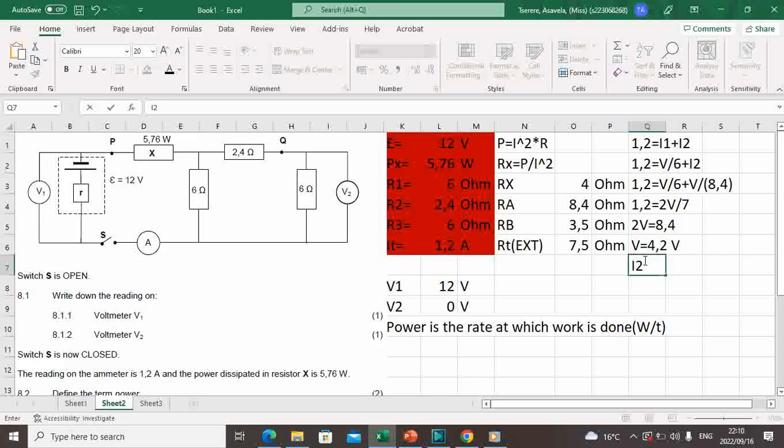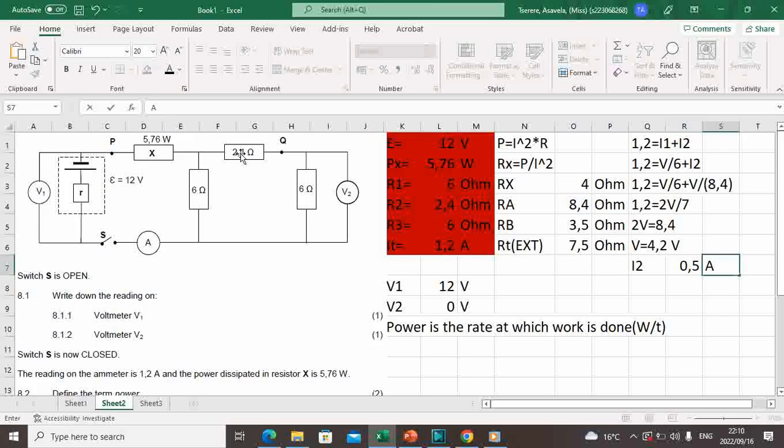So I2 is equal to 4.2 divided by the equivalent resistance of these two resistors, which is 8.4. So our I2 is equal to 0.5 ampere.